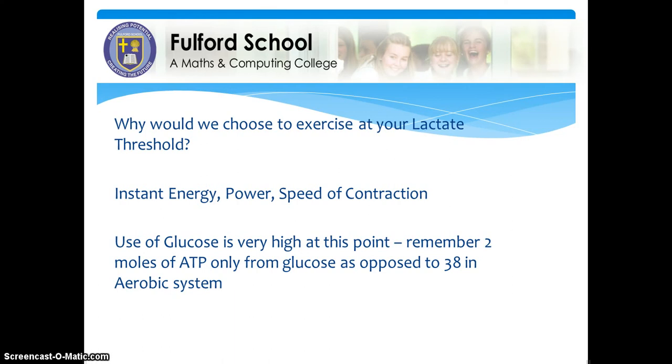There's no point Usain Bolt going out and working aerobically for long periods of time. Similarly, Mo Farah, the majority of his training will be aerobic training. The different athletes have different requirements.